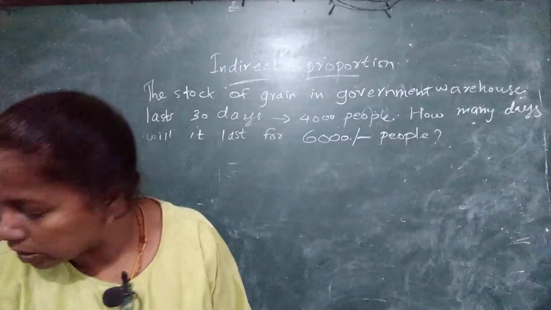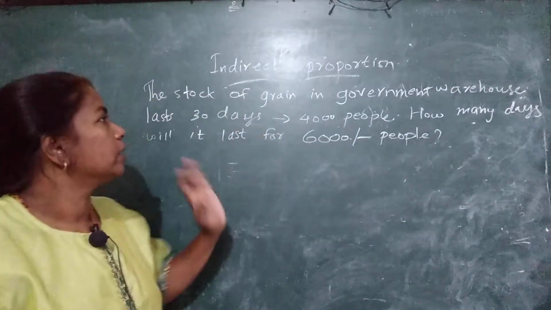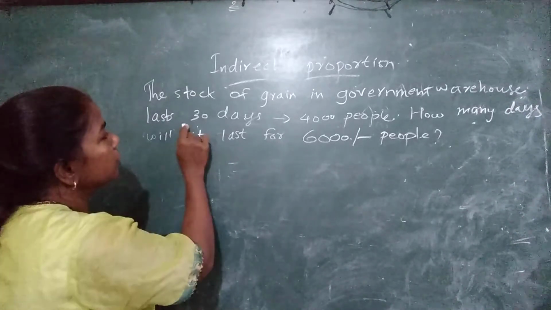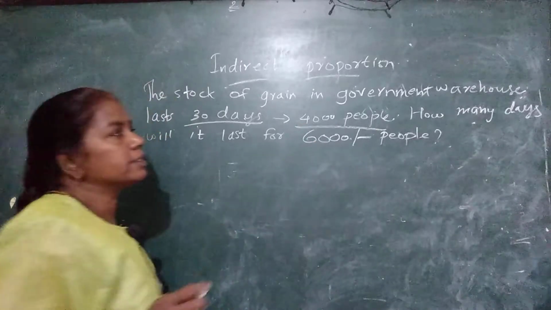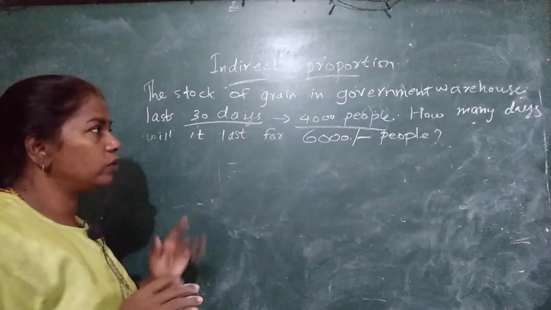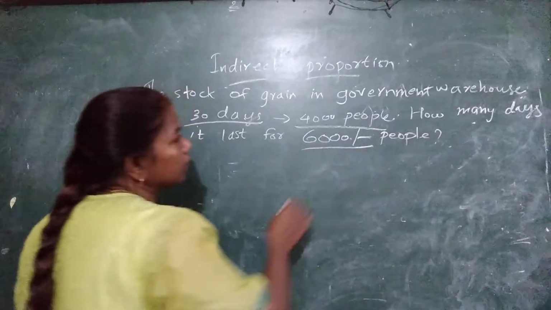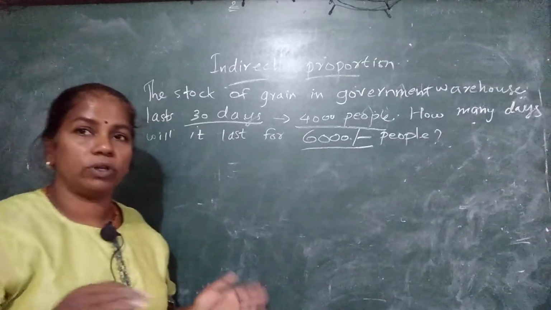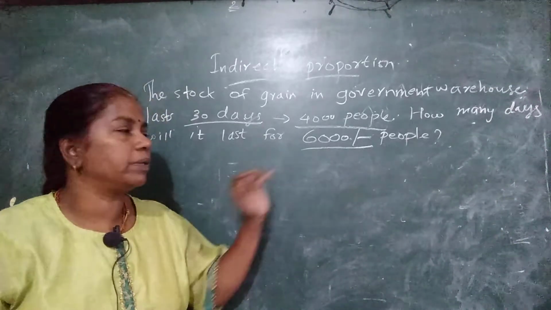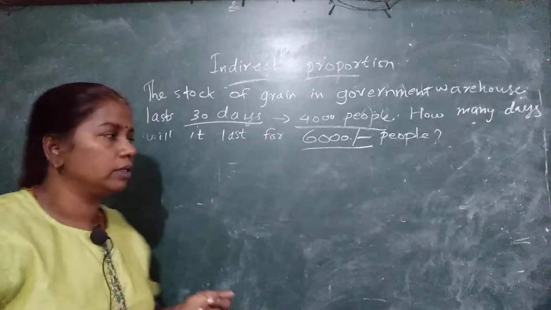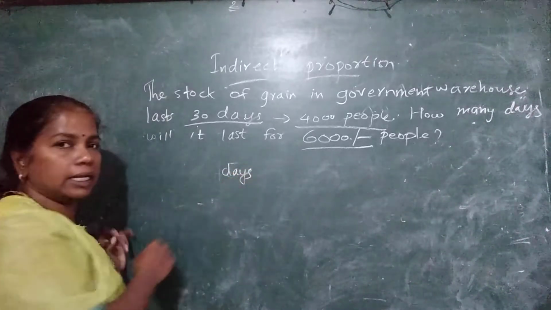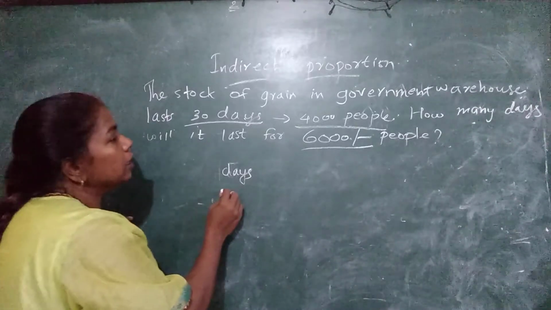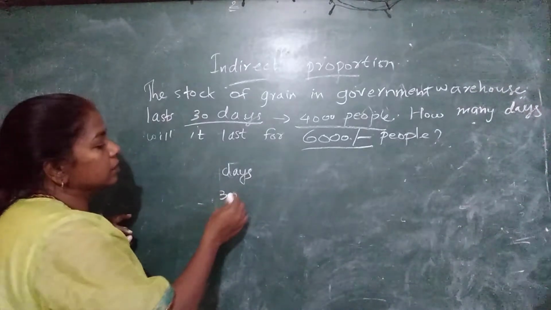Now suppose what they have given, number of days 30. For how many people is the food sufficient? 4,000 people. Now how many days will the food suffice if the number of people is increased to 6,000? So what have we taken? Days: 30 days.